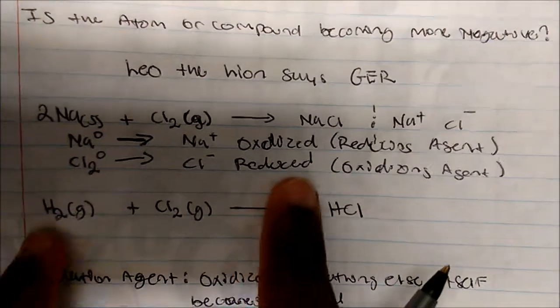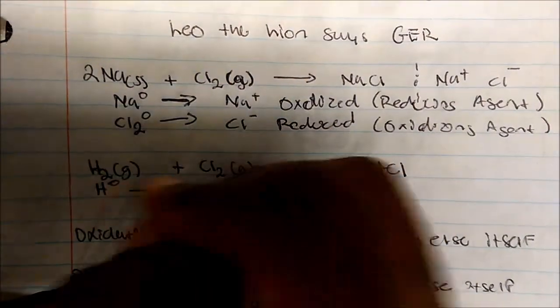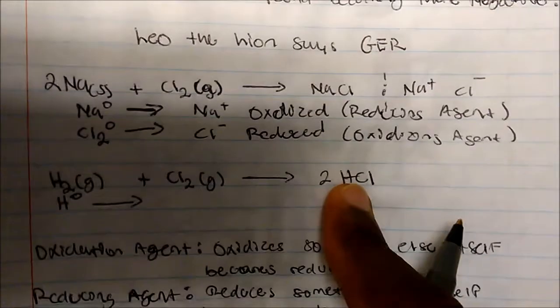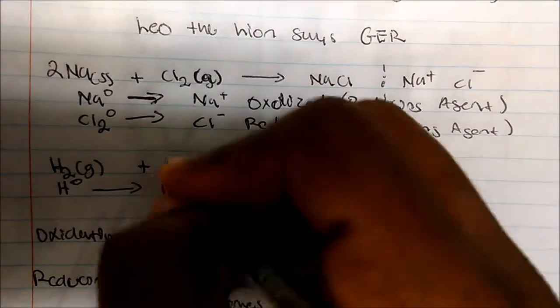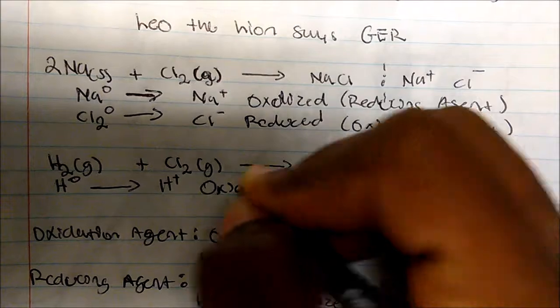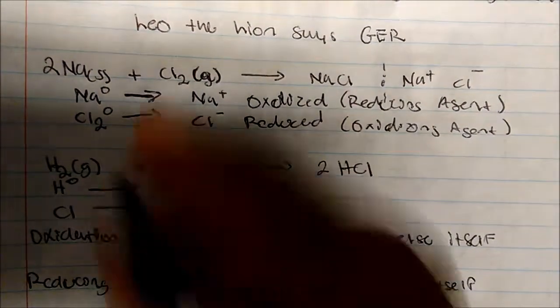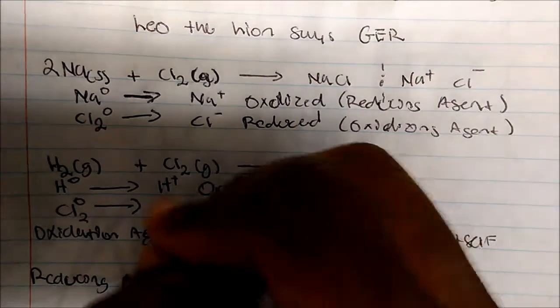Let's take a look at this one. Notice that we have hydrogen. It's a gas, so its oxidation state is zero. And if we break up HCl into its parts, we get H+ and Cl-. So the charge went from 0 to H+, so we know this is being oxidized. And again, chlorine, because it's a gas in its natural state, has an oxidation state of 0, Cl2, and that just went to Cl-.